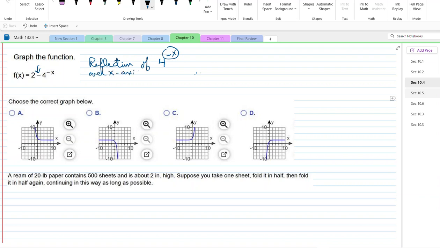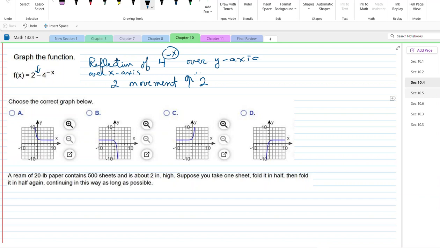And this one is over y-axis. In other words, we're moving it on the opposite side. And then this one, the 2 is a movement up of the whole function. We're moving it up 2.